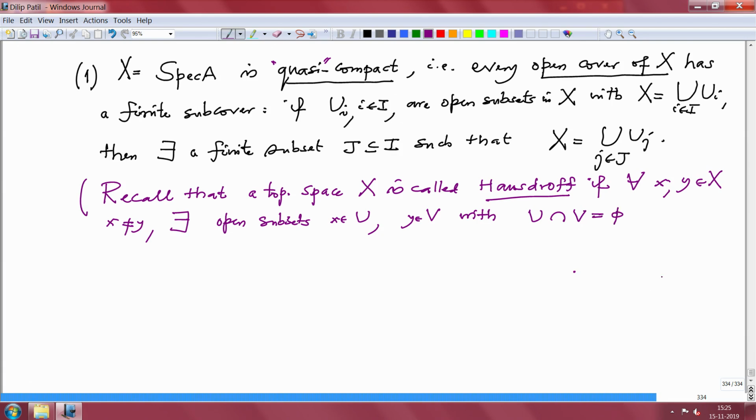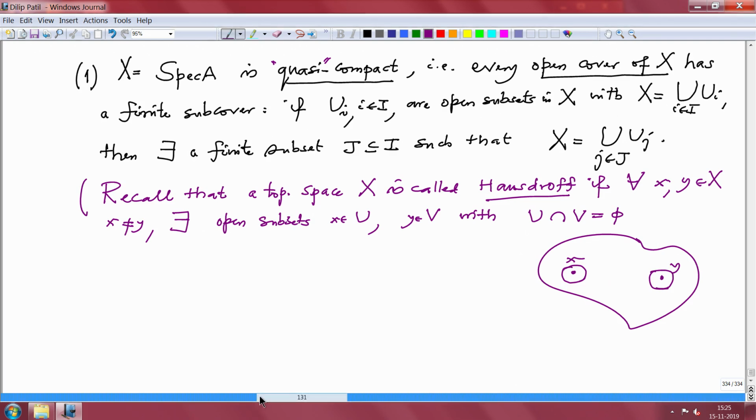If you want to draw a picture, there are 2 points here, x and y, x not equal to y. So, you can find an open set around this x and around this y, they do not intersect. Such a thing is called Hausdorff or T2.